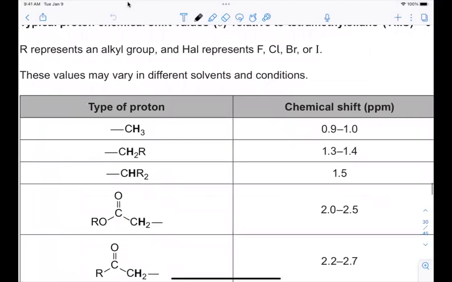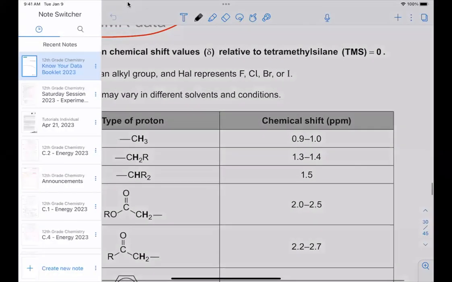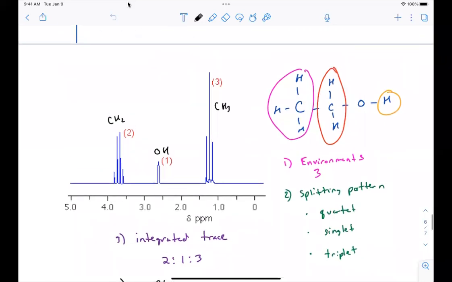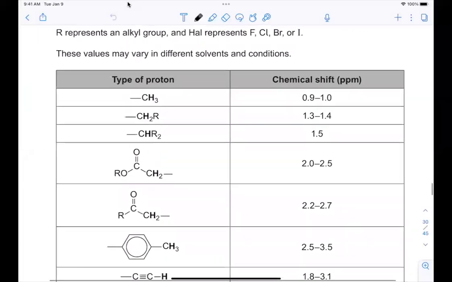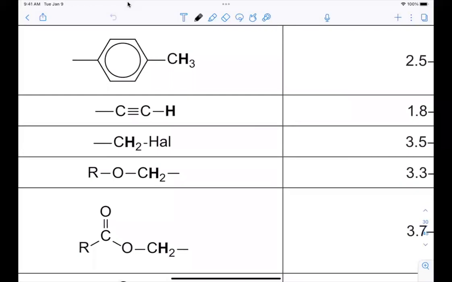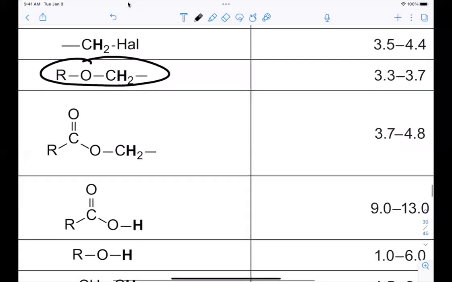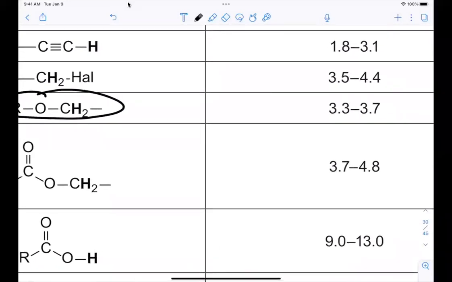CH3 groups tend to be around 0.9 to 1. Is that CH3 group close to 1? Yeah, pretty close, like 1.2. That's fine. Now, this CH2 group is a CH2 on the other end of an OH, which is right here, about 3.3 to 3.7.